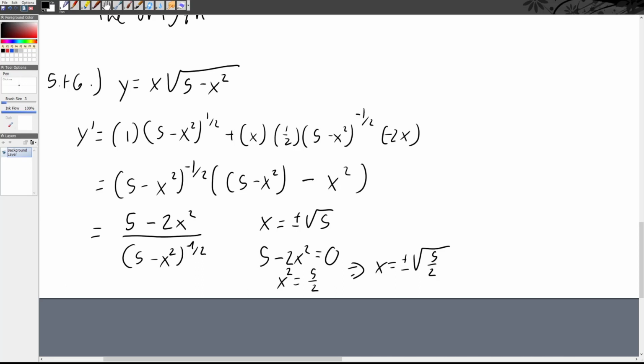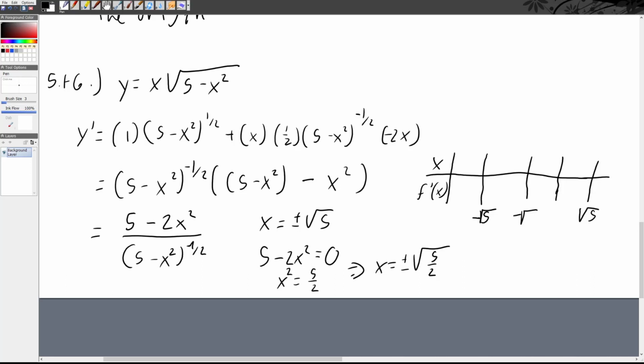After we find all the critical points, we can make a sign chart: x and the derivative of the function. And we draw all of our critical points. So negative square root of 5, positive square root of 5, negative square root of 5 over 2, positive square root of 5 over 2.